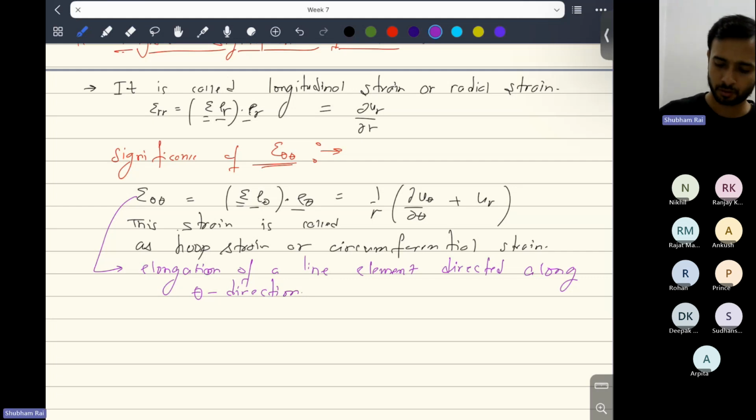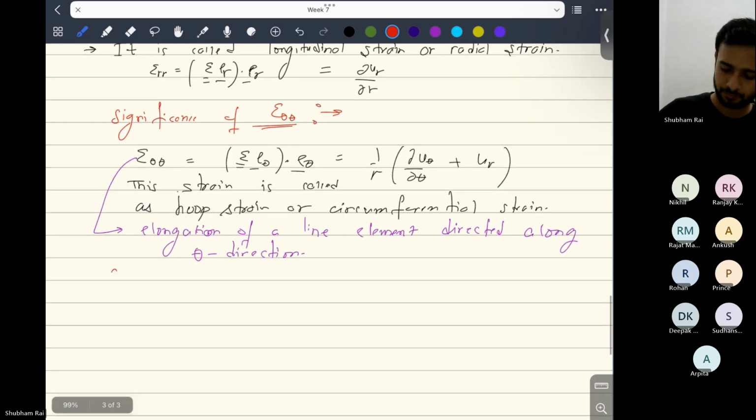So now coming on to the significance of gamma r theta.